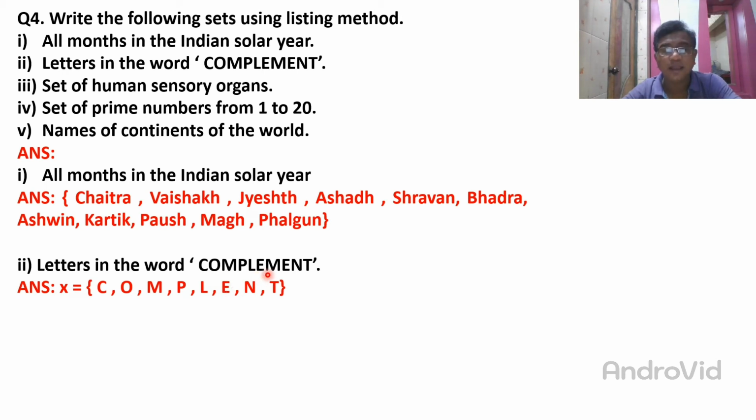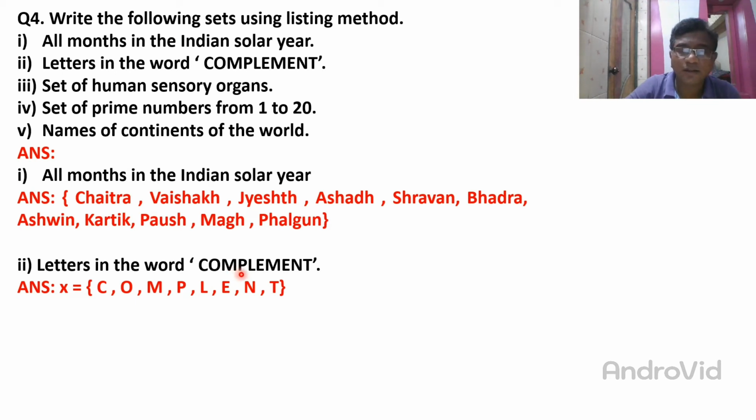Comma, then M. But see, this M and this M are coming 2 times. So we can write it a single time only. Don't write double. If the elements are coming 2 times, 3 times, you can write only a single time. In this example, complement, M is here, so you write single M only.